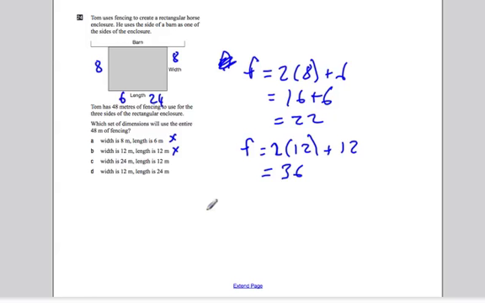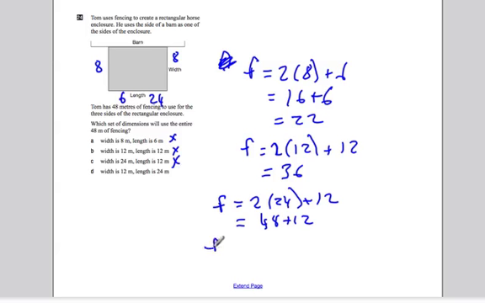And for the width of 24, it's going to be 2 times 24 plus 12. Well, that's 48 plus 12. We can automatically eliminate this one because that's not possible, because it will use the entire amount of fencing, but we don't have enough fencing to do that, so that's not correct.